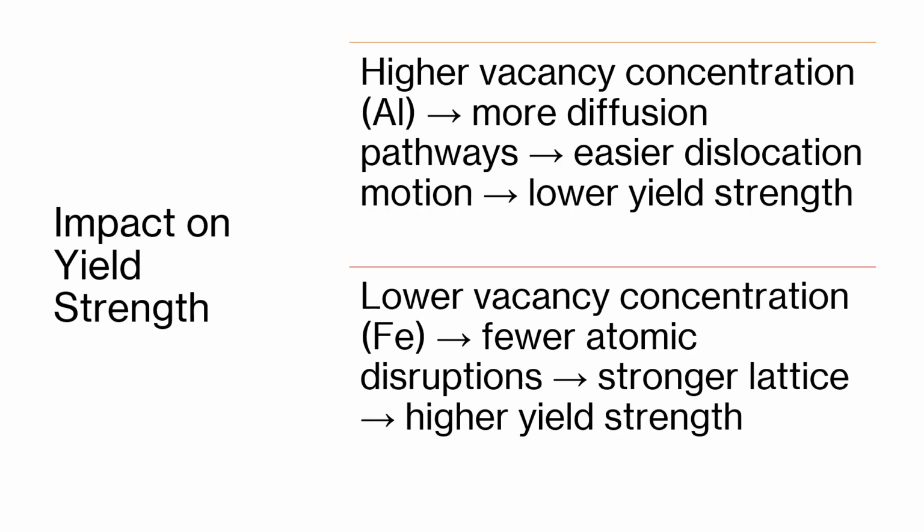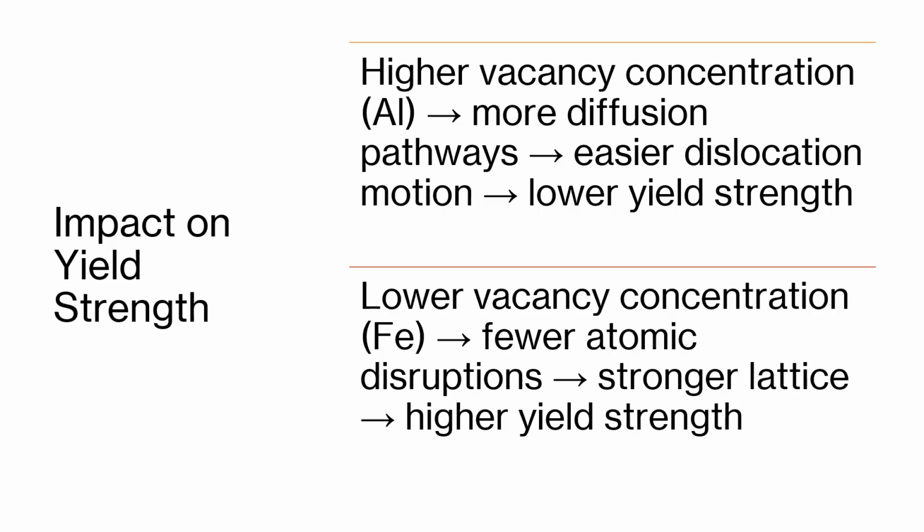Now, vacancies and yield strength have a direct correlation. Vacancies, as I said last slide, are missing atoms in a material structure, and they make it easier for atoms to move when stressed. Looking at the impact on yield strength, because aluminum has more vacancies than iron, it tends to deform easily, which leads to lower yield strength.